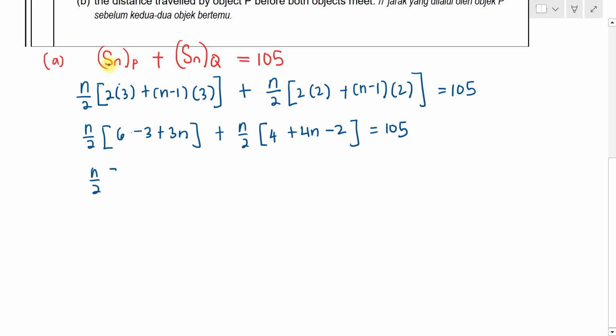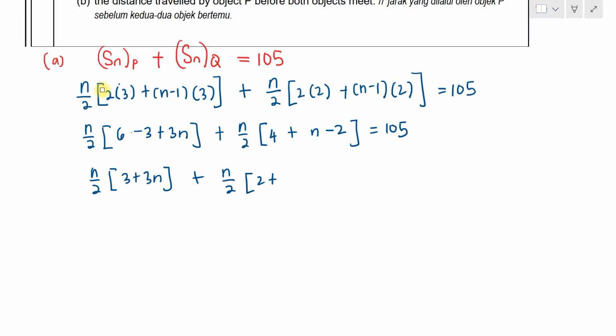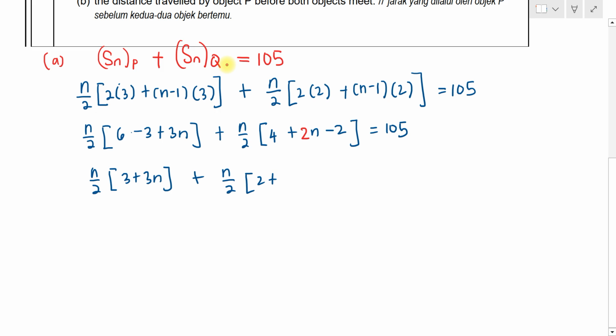So n over 2, 3 plus 3n, we simplify. n over 2, 2 plus, I'm sorry, I made a mistake here. This is supposed to be 2n. So 2 plus 2n, and the answer is 105.